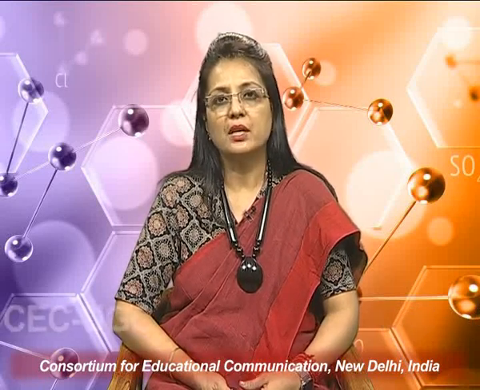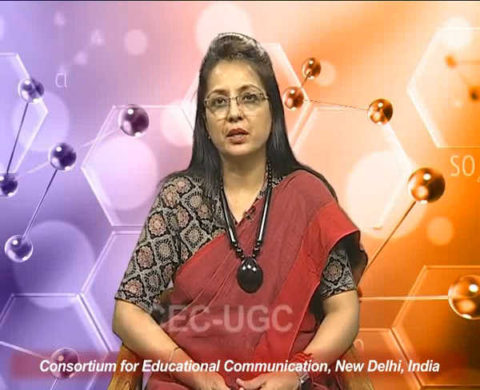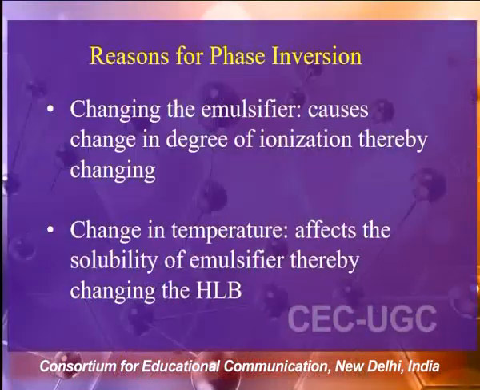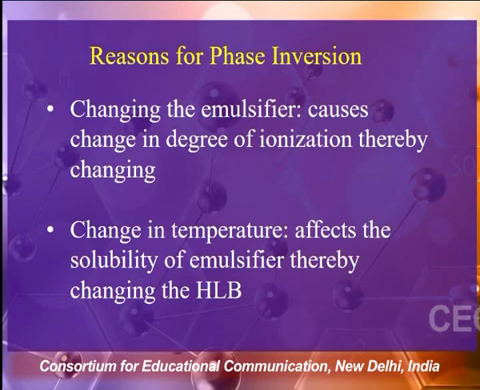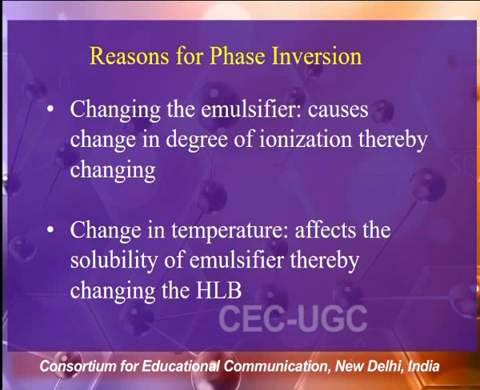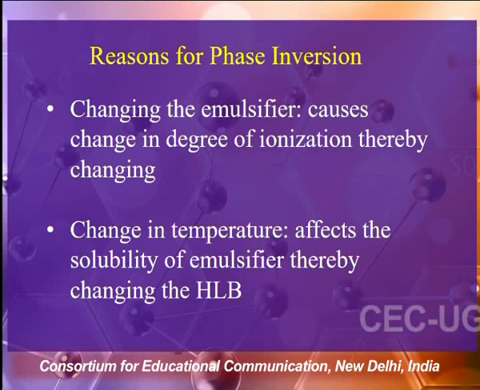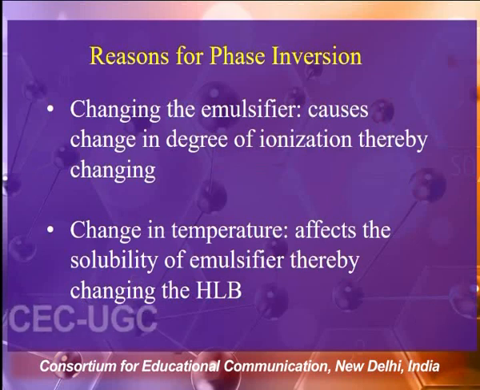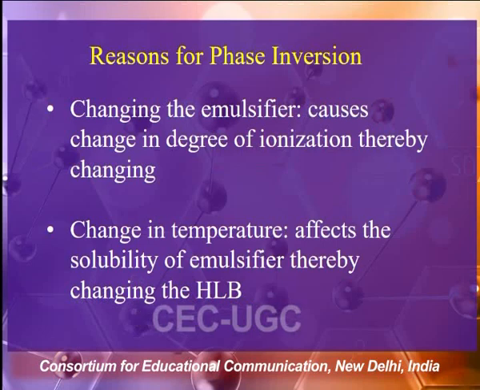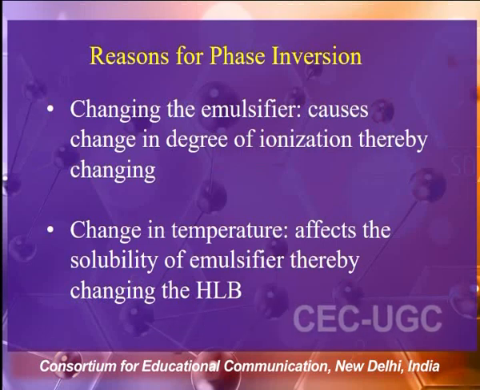If we are not selecting the right kind of emulsifier, we may not get the type of emulsion which we desire. Generally, it is because the emulgent which has been selected, if it is not appropriate, may bring in a change in degree of ionization. So when change in degree of ionization is seen, phase inversion is also going to be seen in the preparation.